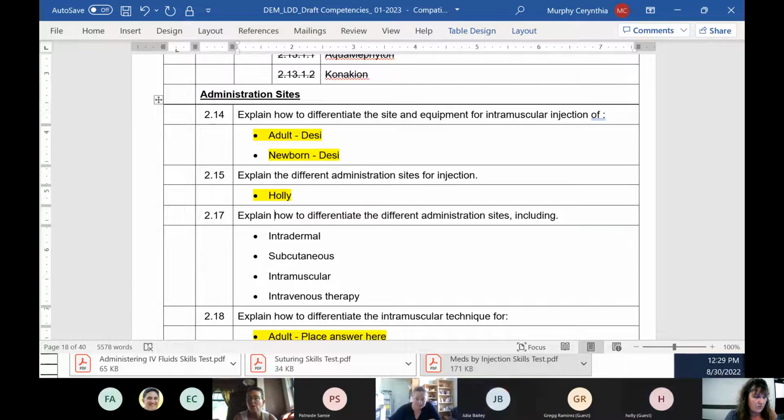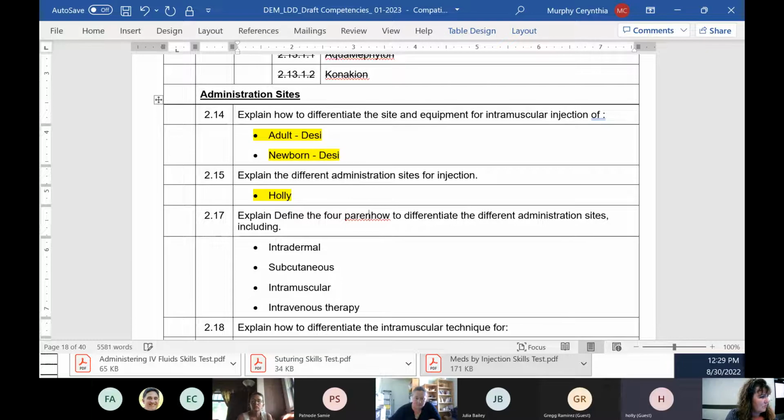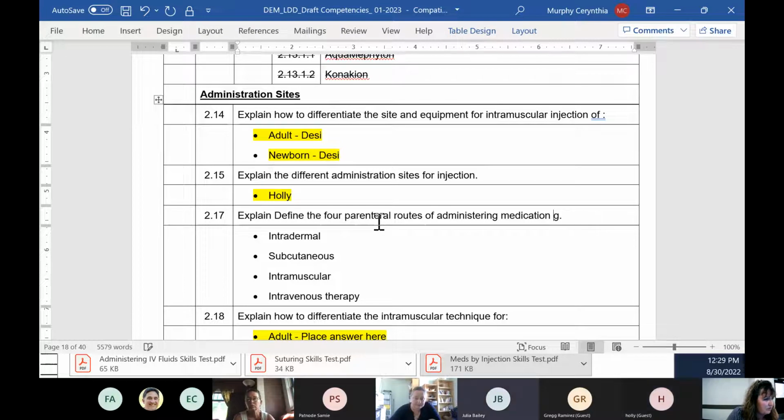Maybe what you want to do is define the 4 parenteral routes for administering medication. And at least the 4 you care about. Does that sound right, people? Yeah, I think that sounds good. And then we just need to define them.